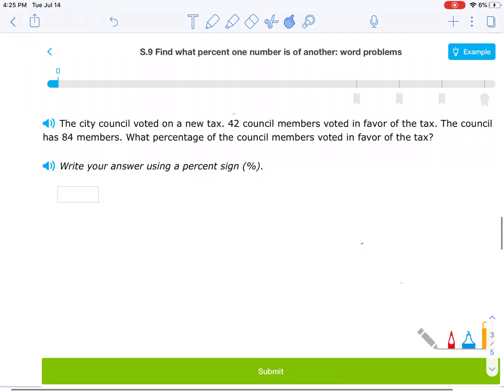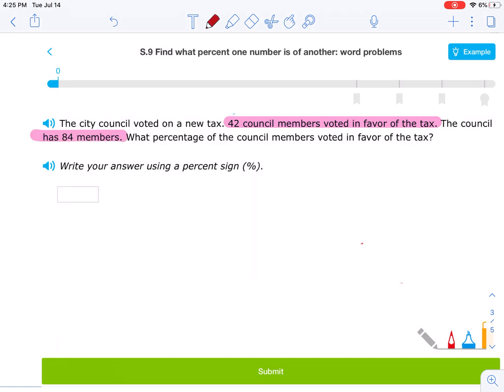Last problem. The city council voted on a new tax. 42 council members voted in favor of the tax. The council has 84 members. So 42 said yes. There's a total of 84 members. What percentage of the council members voted in favor? So I make my double number line.